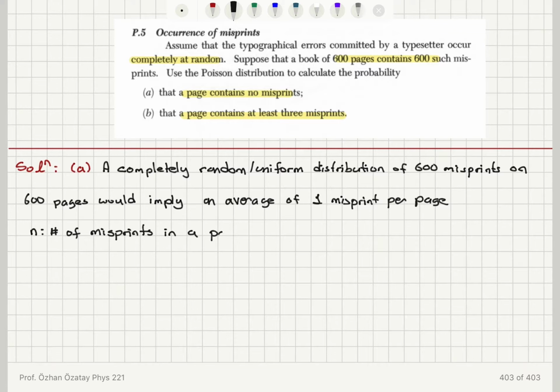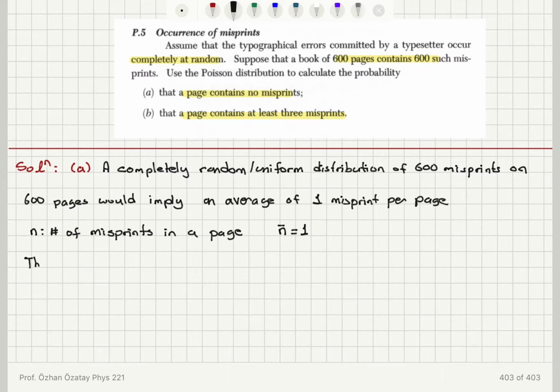With this argument about completely random or uniform distribution of misprints, I basically assume that n bar will be equal to 1. So I ask myself, what is the probability P of having a misprint in one particular page?